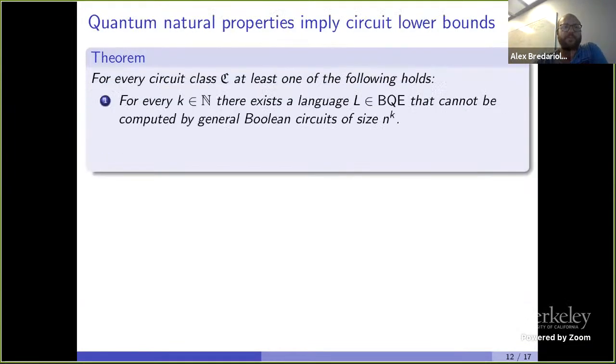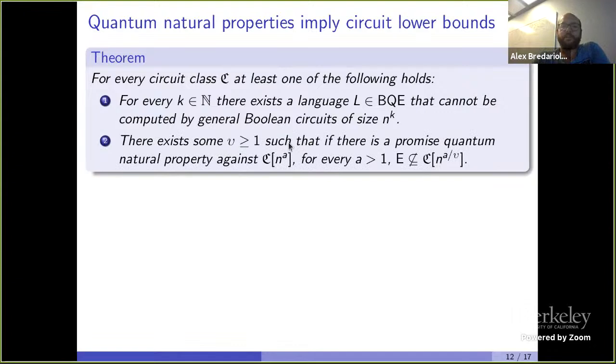Using this PRG, here's what we were able to show: for every circuit class, at least one of these two things is true. We can show that there exists a language in BQE that cannot be computed by Boolean circuits of size n to the k.